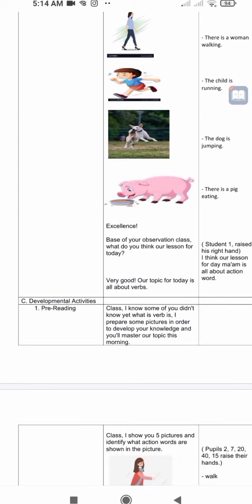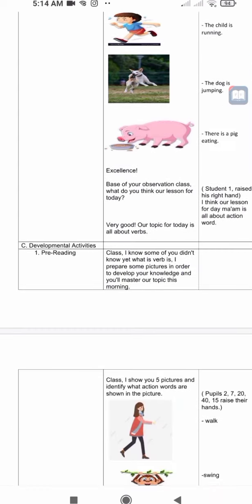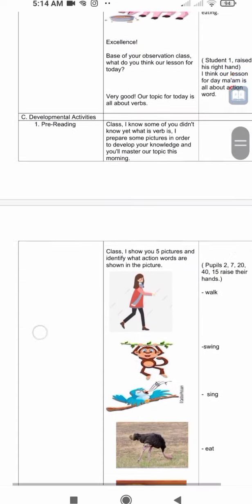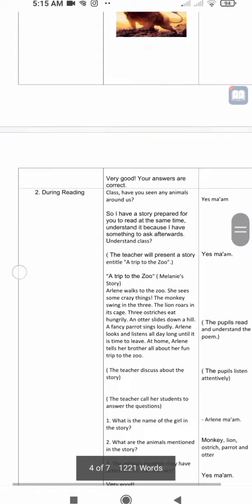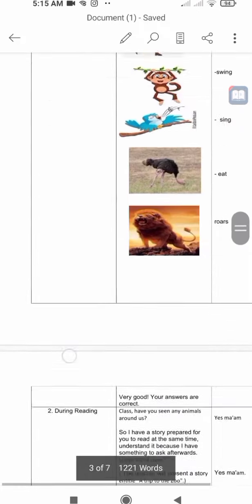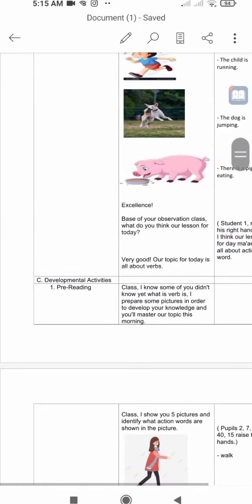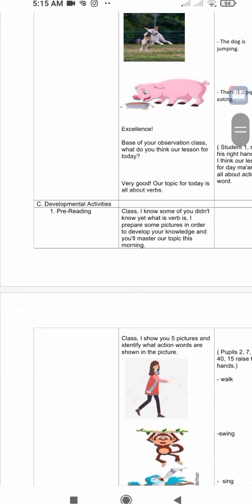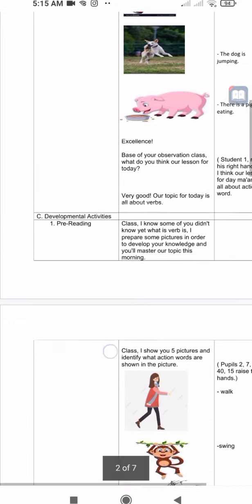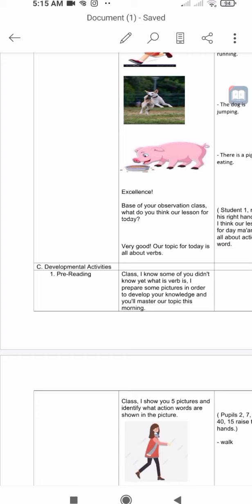And the developmental activities have 3 parts which are pre-reading, during reading, and post-reading. So let's first tackle the pre-reading. In pre-reading, the teacher previews the text or sets a purpose for reading and makes a prediction.